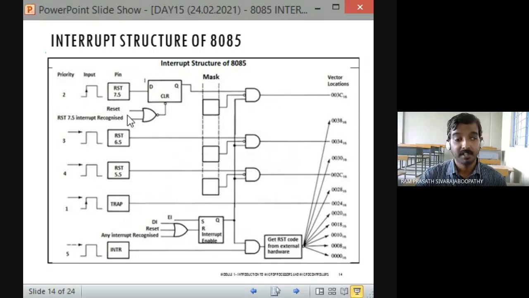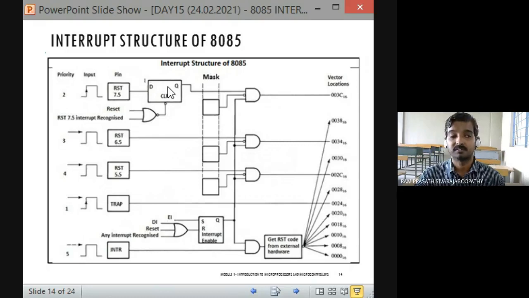Whereas in the case of 6.5, 5.5 and INTR, we don't have any flip flop like that. If we say edge sensitive, what must happen? It has to be stored. Whenever an edge occurs, logic 1 is written into this particular flip flop.